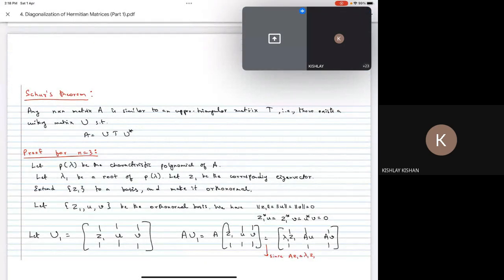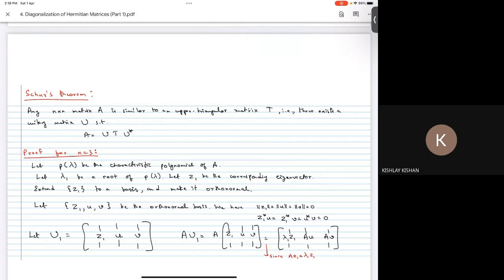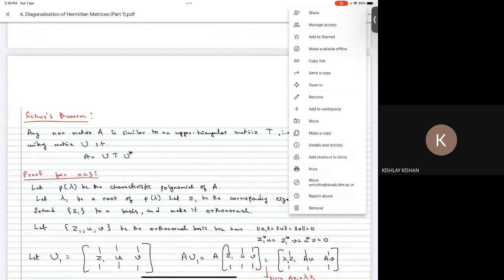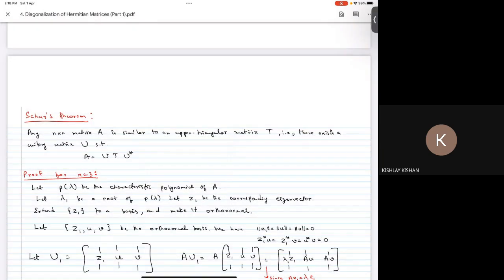Maybe it's easier if I export this to Notability.